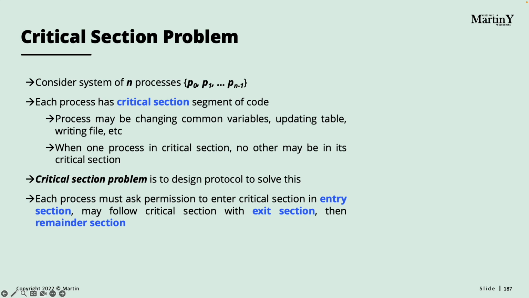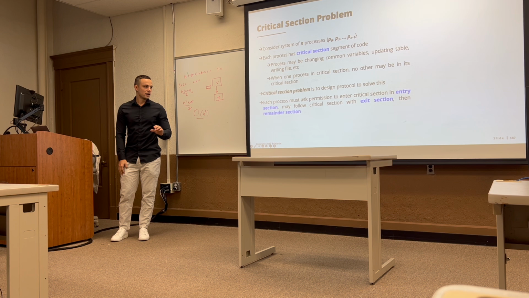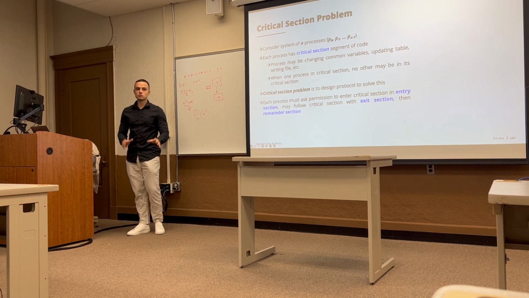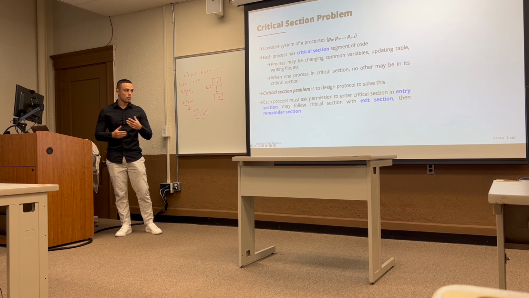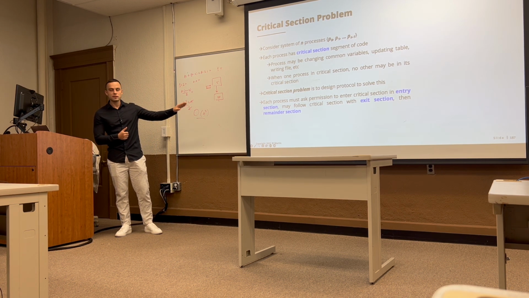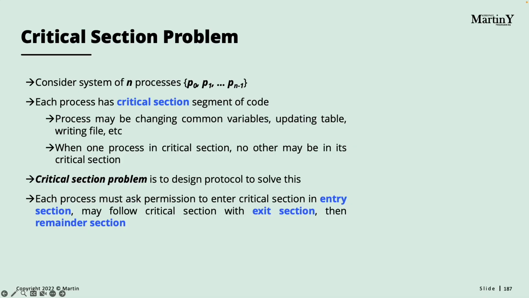The exit section, which is the code after the critical section. And then the remaining section, which is the rest of the code that is not related to shared memory.